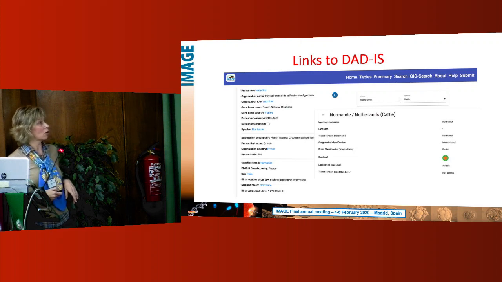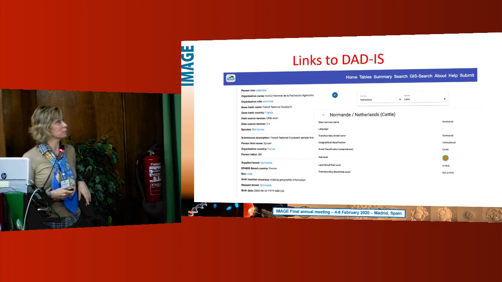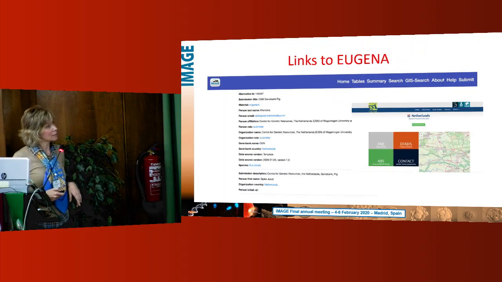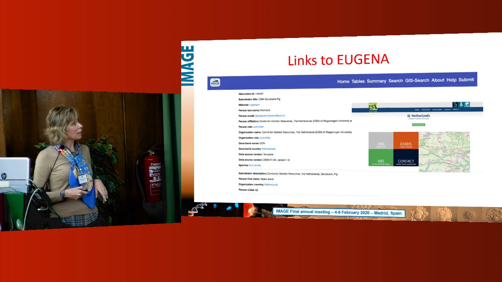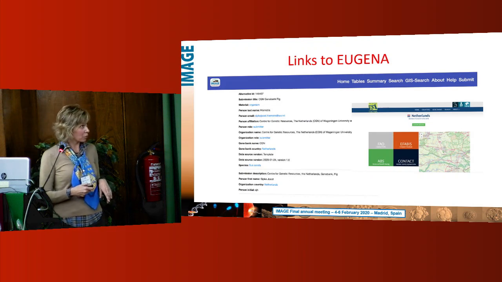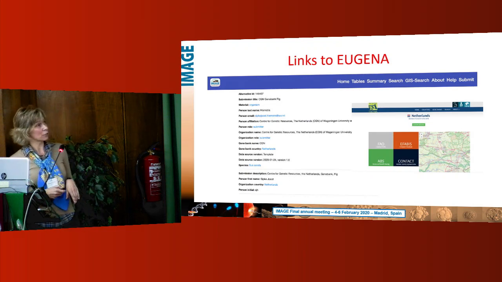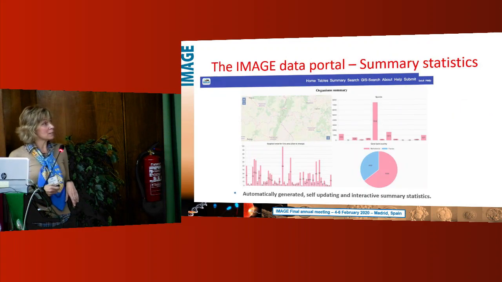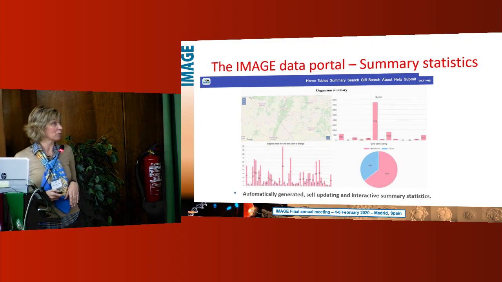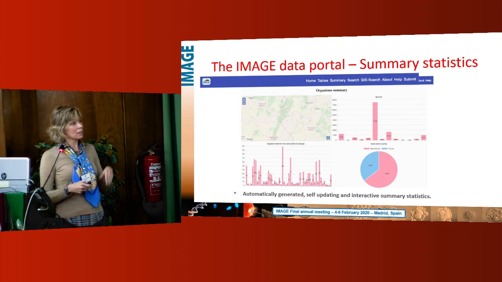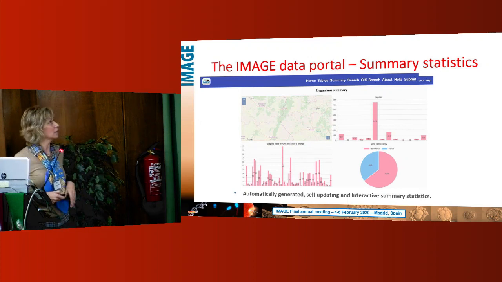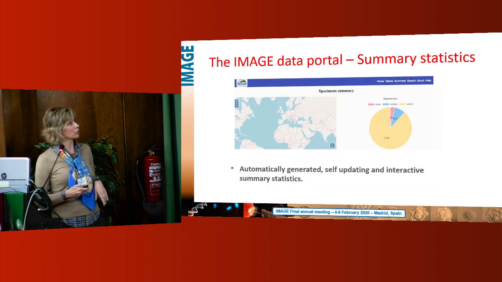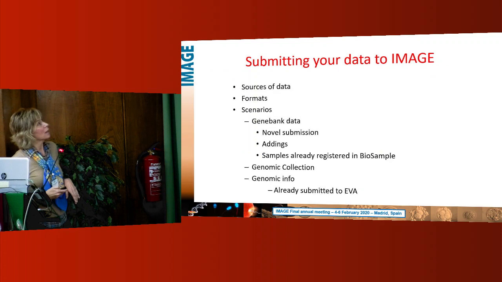As you click on Normande, like on the supplied breed, this will pop up automatically. And here is an example of the link to Eugenia as you target the gene bank country, in this case the Netherlands. It provides summary statistics, which are automatically generated, self-updating, and interactive. And for the organism, for the single specimen.